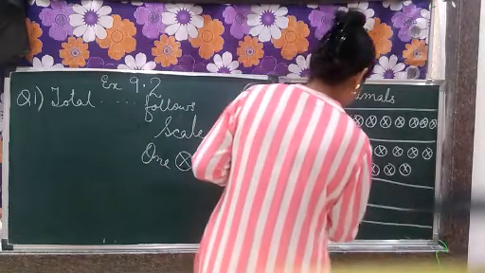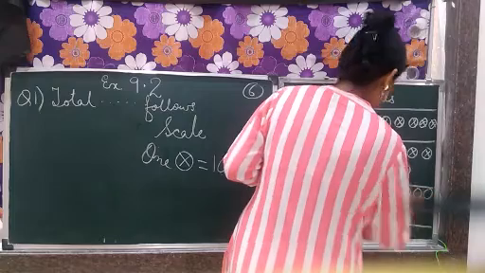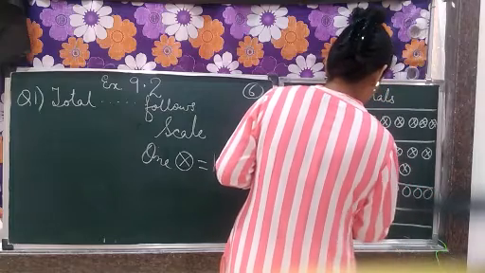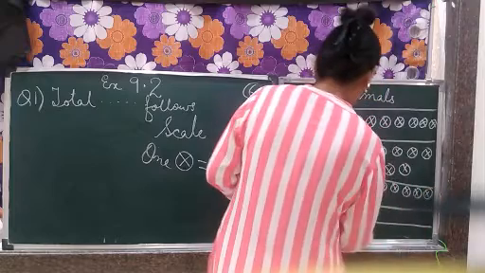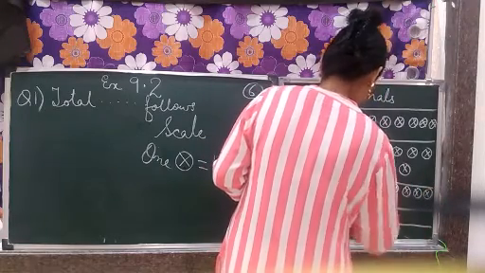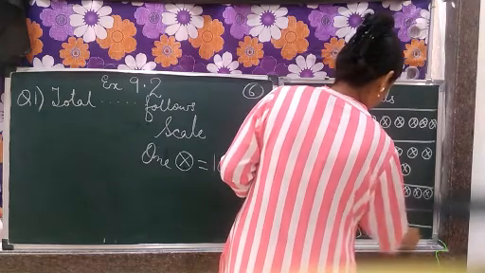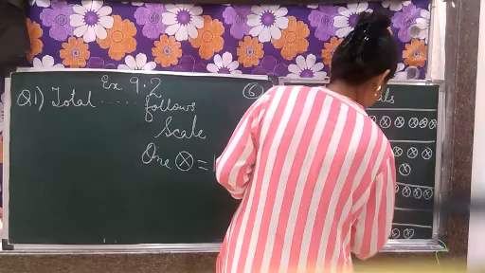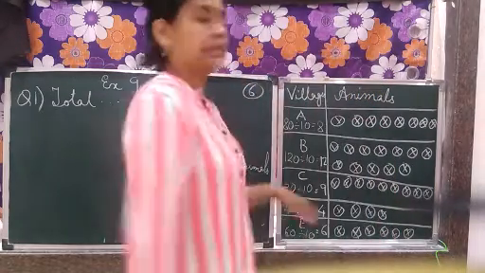Then 9. 1, 2, 3, 4, 5, 6, 7, 8, 9. Then 4. Then 6. Okay, so this is your pictograph.